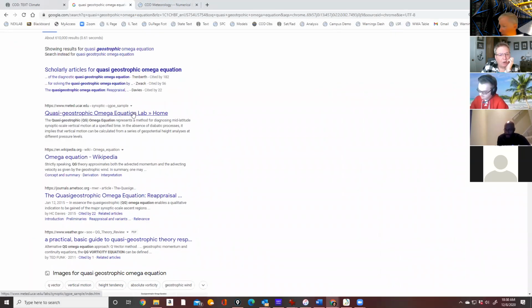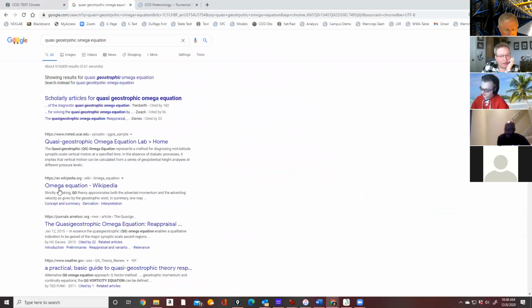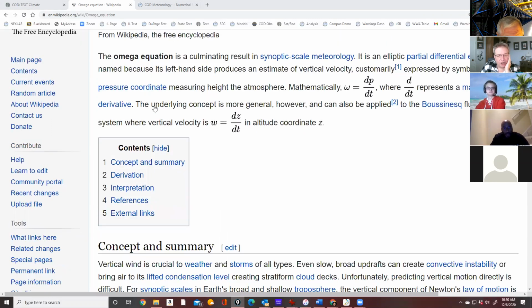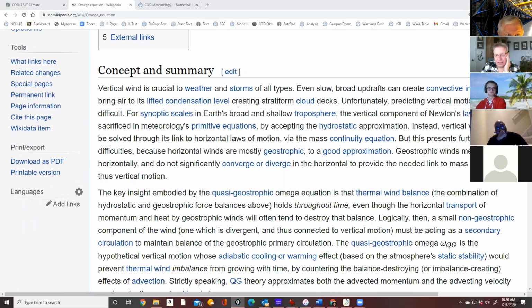Let's see what Wikipedia has to say. We're going to call it quasi-geostrophic.